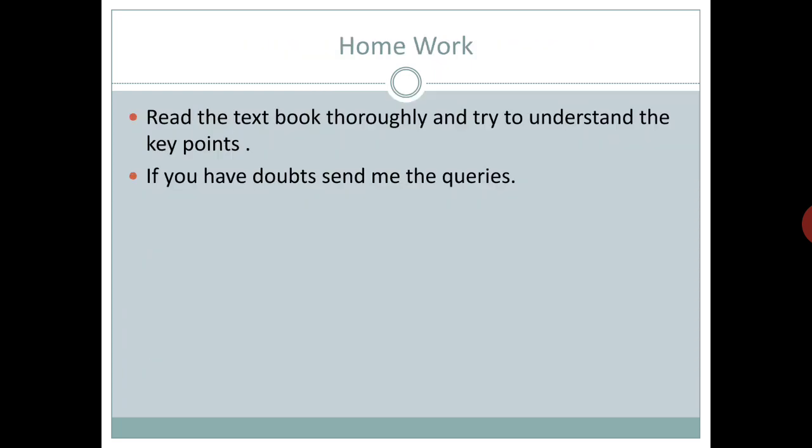So this is all about map, scale of map, and conventional signs and symbols. I would like to tell you that in one paper or in your notebook, you draw different conventional signs that are given on page number 5.